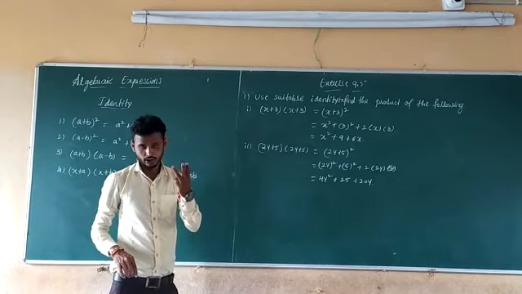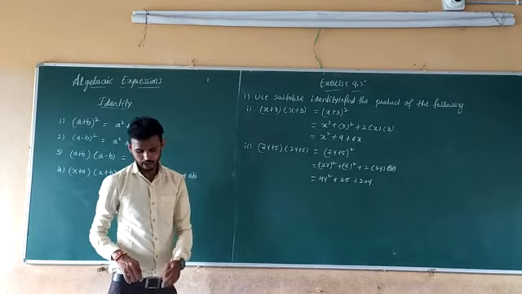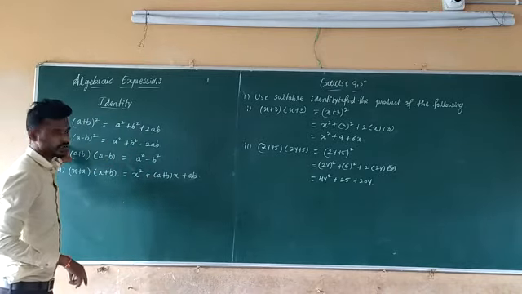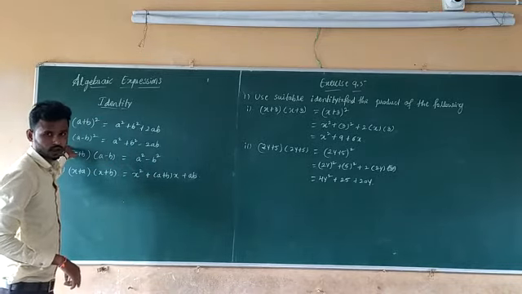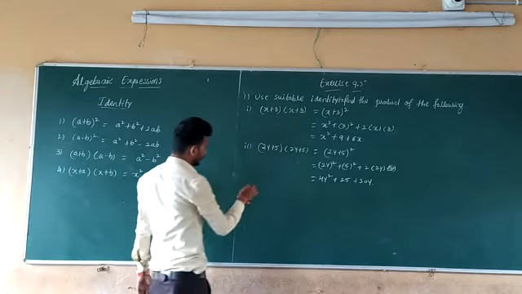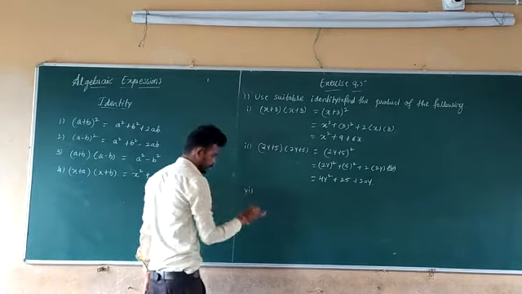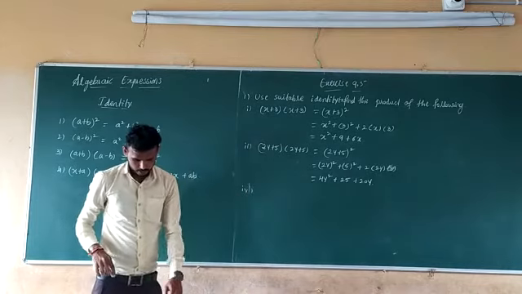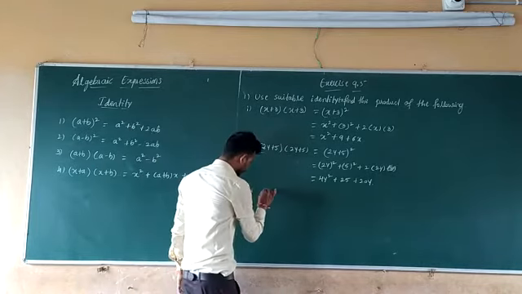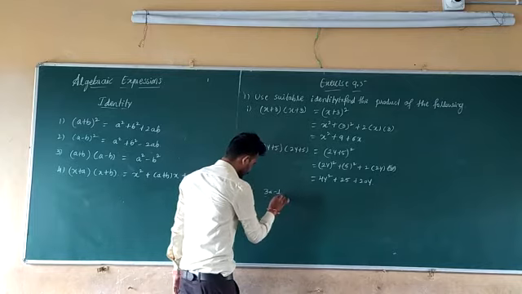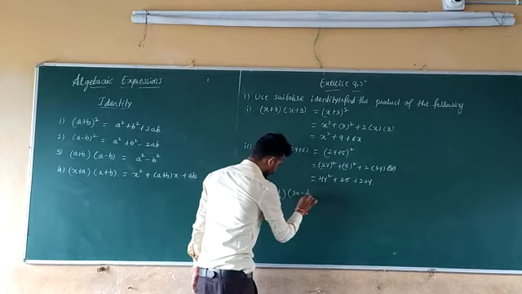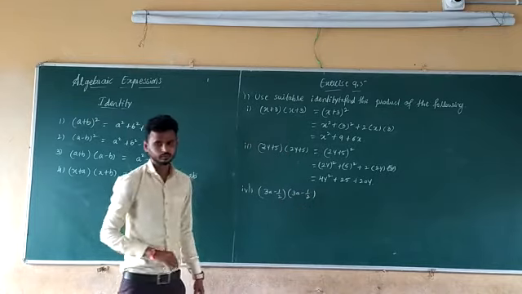Let us take third question as our homework. In that third question, it is all by using the what? Second identity, (a minus b) whole square. Now see, fourth question, fourth one, (3a minus 1 by 2) into (3a minus 1 by 2).